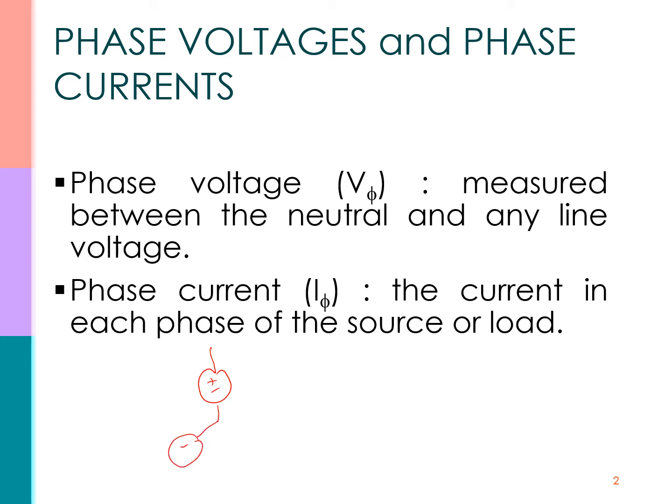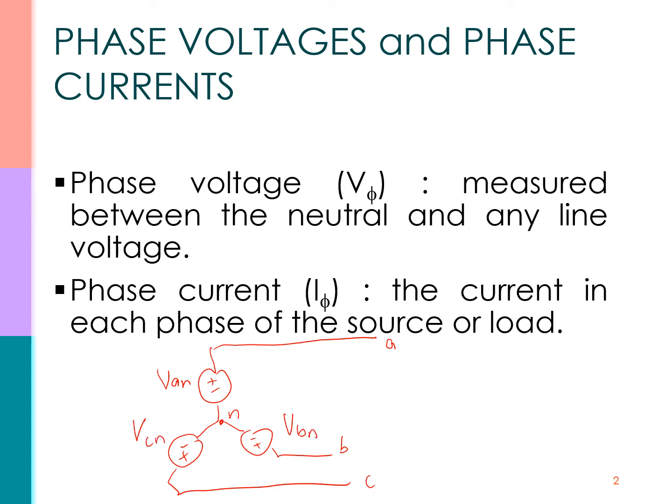Let me draw this figure. We have line A, line B, and line C with a neutral line here. So this is what we call VAN, VBN, and VCN.